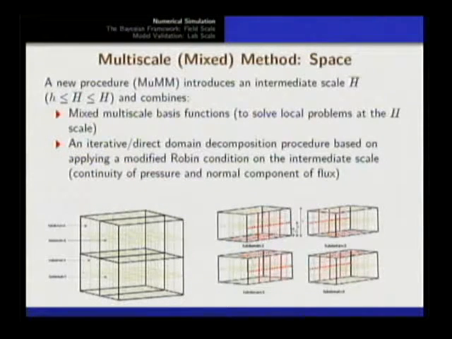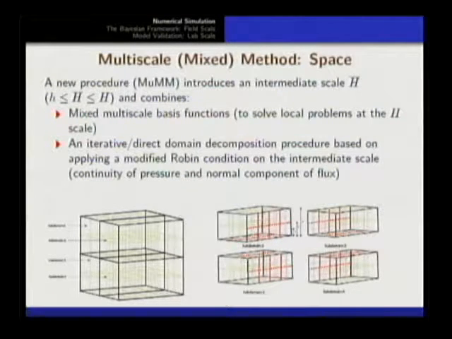So the scheme we have been looking at for an elliptic equation refers to three scales. The small scale is the fine grid where we aim at discretizing our problem. Capital H refers, say, to the size of subdomains.